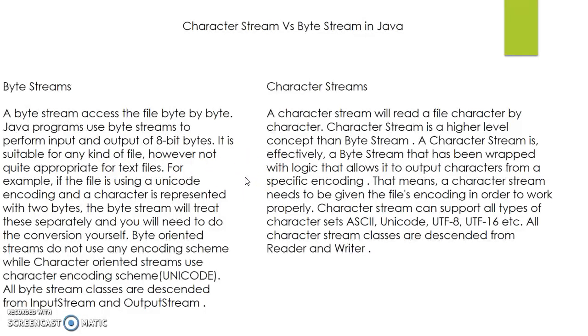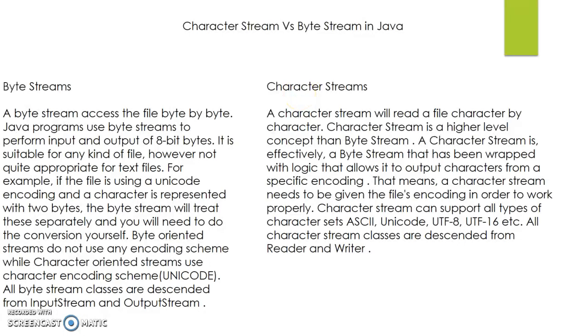For example, if the file is using a Unicode encoding and a character is represented with 2 bytes, the byte stream will treat these separately and you will need to do the conversion yourself. Byte-oriented streams do not use any encoding scheme, while character-oriented streams use a character encoding scheme, Unicode. All byte stream classes are descended from InputStream and OutputStream.